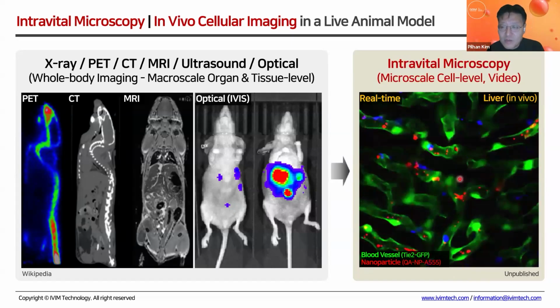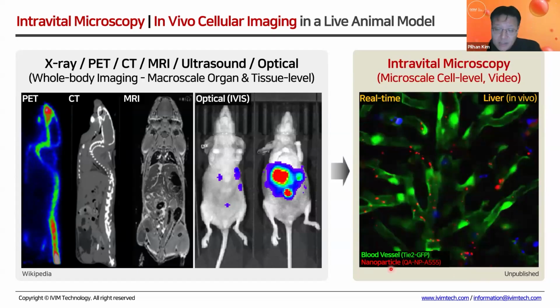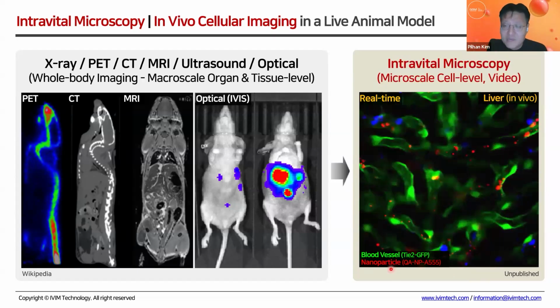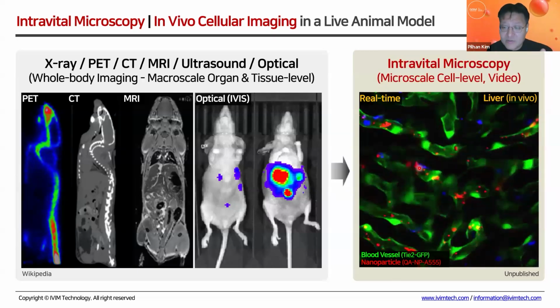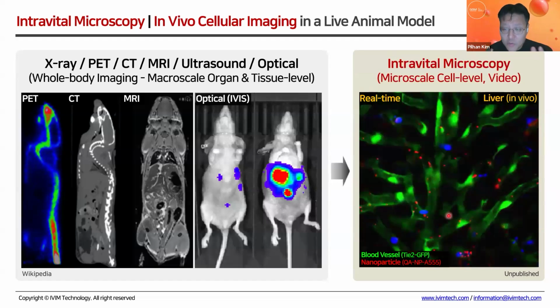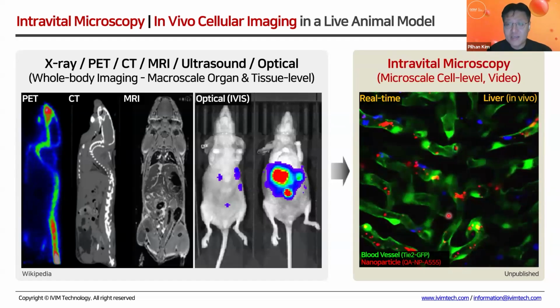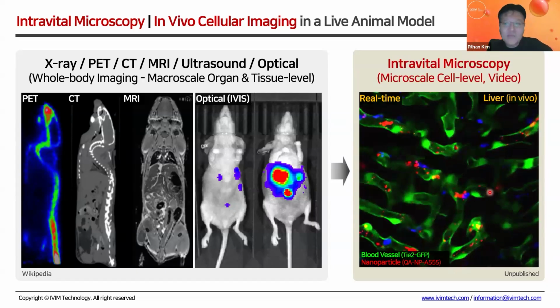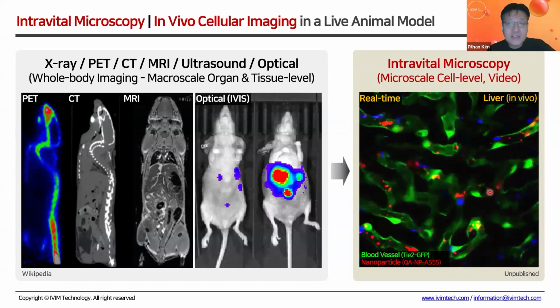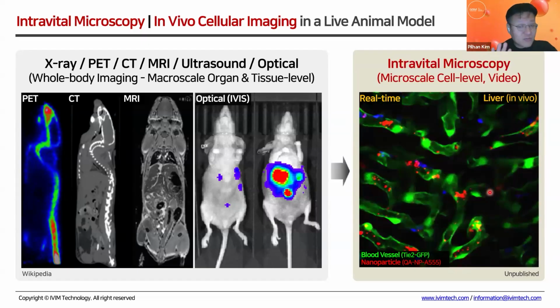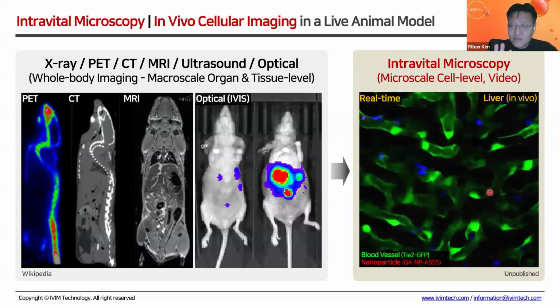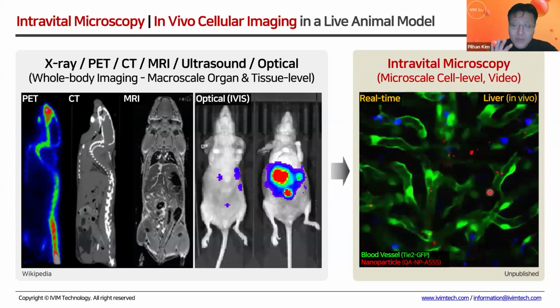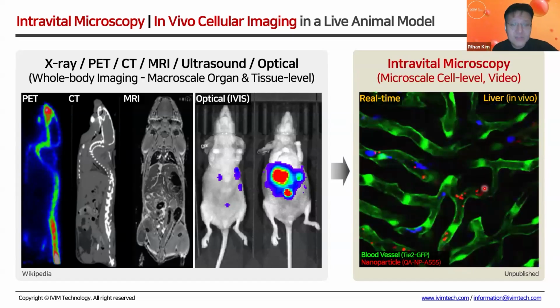In the liver, we can see how these nanoparticles arrive in the liver sinusoid and how they accumulate and distribute in real time. This is another good example of how we can use intravital microscopy to visualize drug and therapeutics delivery in the internal organs and tissues of a live animal model in vivo.